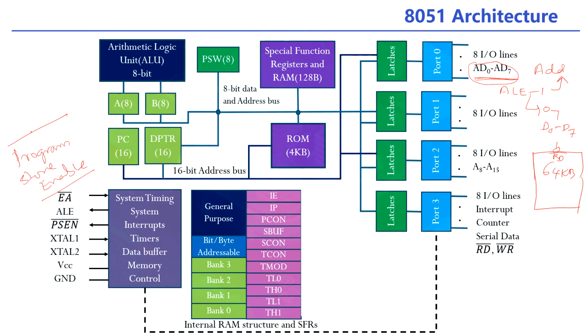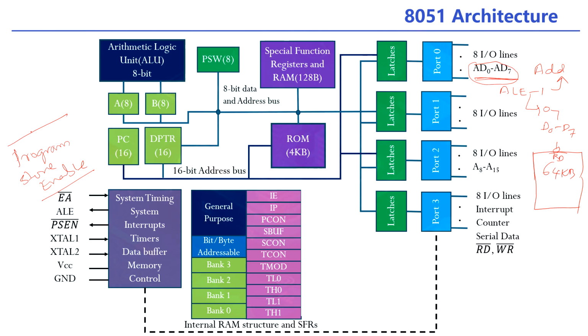That means the PSEN bar is directly connected to the RD bar of external program memory. That's why the name itself, PSEN bar, is nothing but program store enable. So to access external program memory, this signal is used.